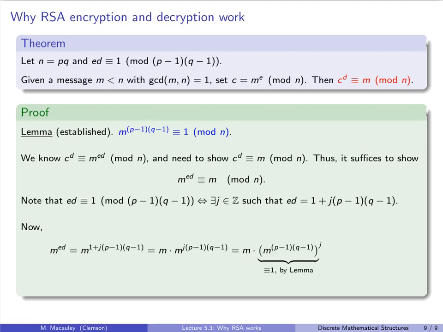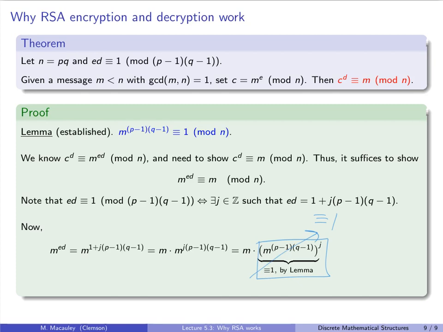So this is M times M to the (p minus 1)(q minus 1), that whole thing raised to the j, but it doesn't matter because that whole thing is equivalent to 1 by the lemma above. So this entire piece we can just ignore because it's equivalent to 1.